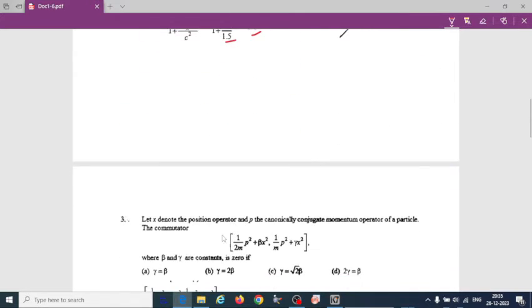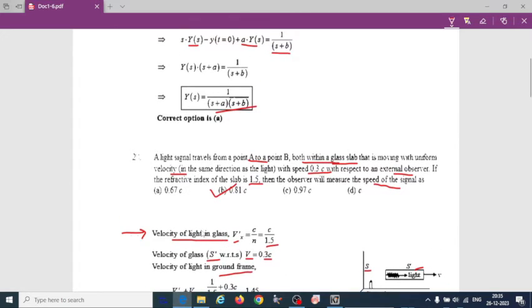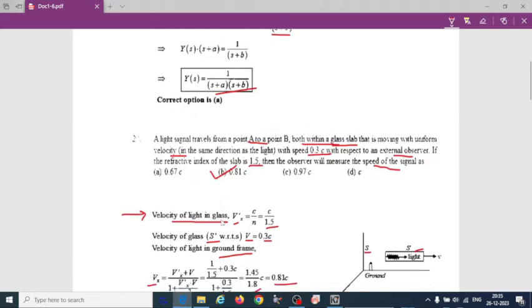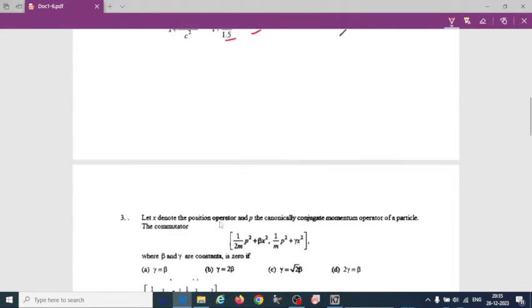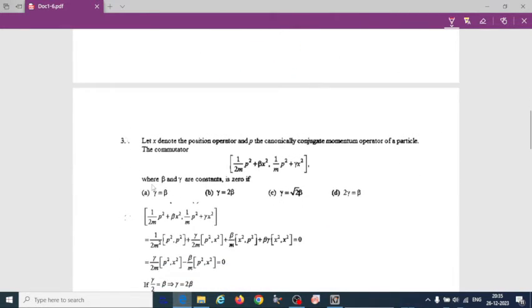So the next question, so this is the question related to classical mechanics. So from each core subject I am taking one problem here. So the next question, let x denote the position operator and p denote the canonical conjugate momentum operator of a particle.